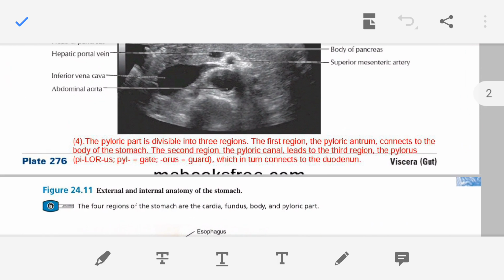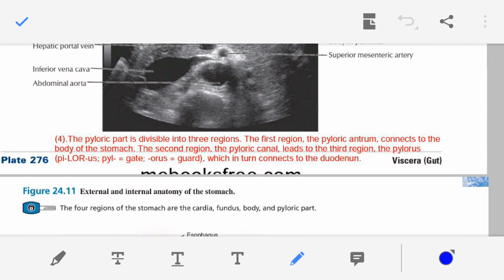Then this pyloric antrum itself is connecting to the next region, that is the second region. It is known as the pyloric canal.